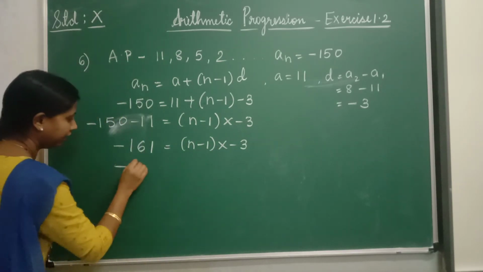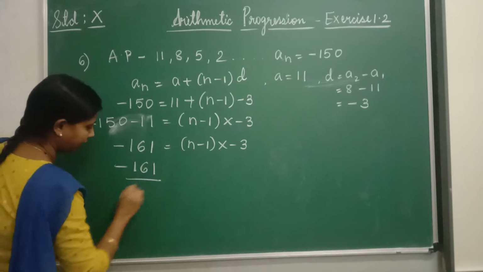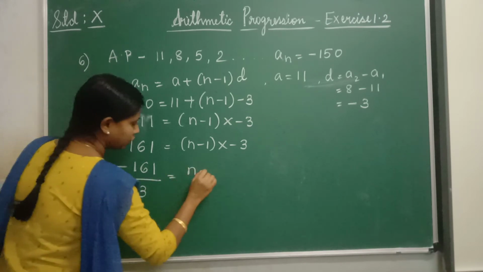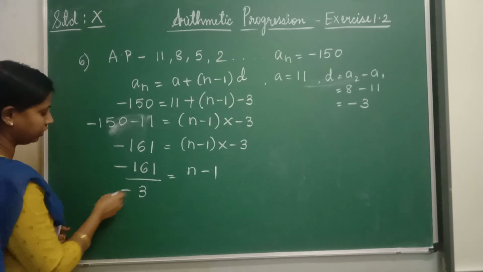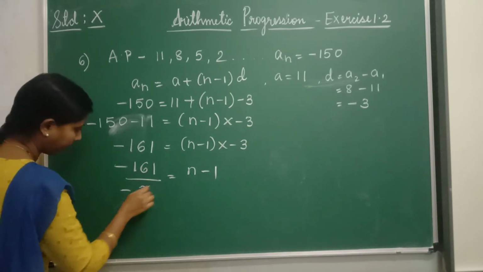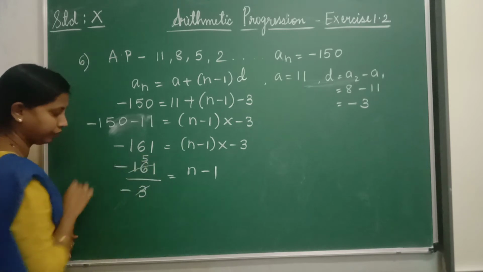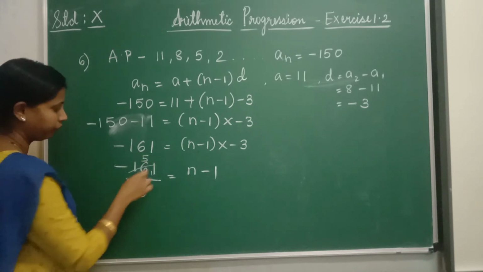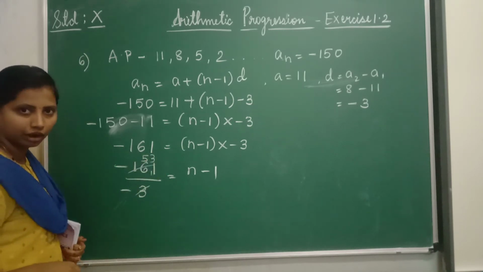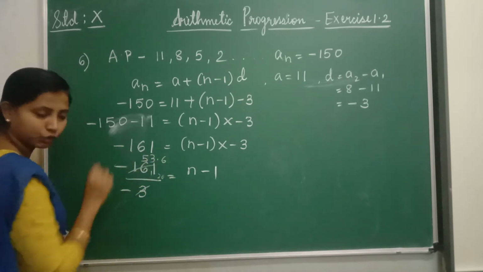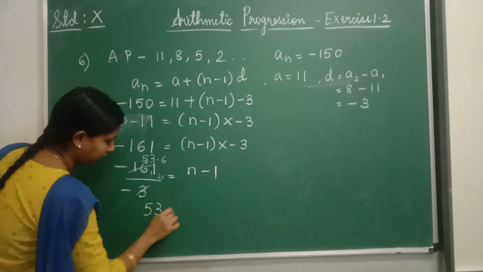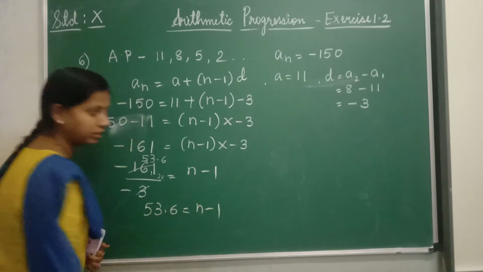It will become -161 divided by -3 = n - 1. So now you simplify this, children. 3 ones are 3, 5 threes are 15, 1 carry, 3 threes are 9, 2 remains, 3 sixes are 18. So approximately you get 53.6 = n - 1.